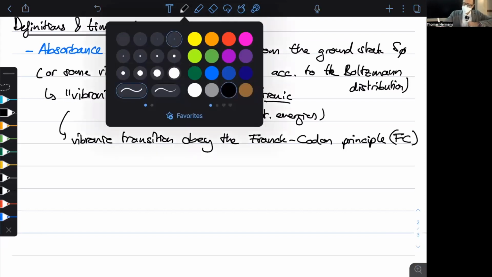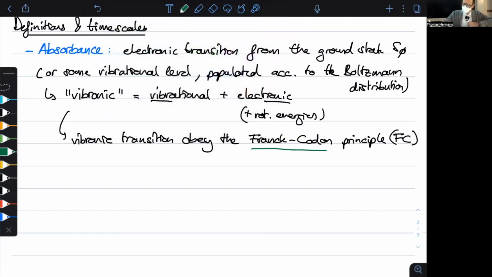Okay, so what did Franck and Condon say? They said that vibronic transitions are most likely.